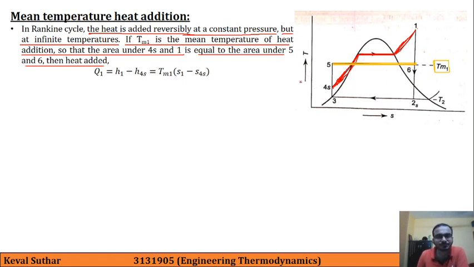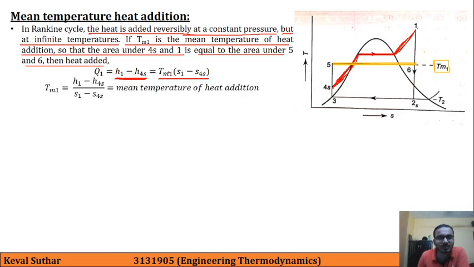So here Q1, that is over here, is H1 minus H4s, that is for our standard Rankine cycle, and here we are having Tm1 times (S1 minus S4s), that is our standard formula.